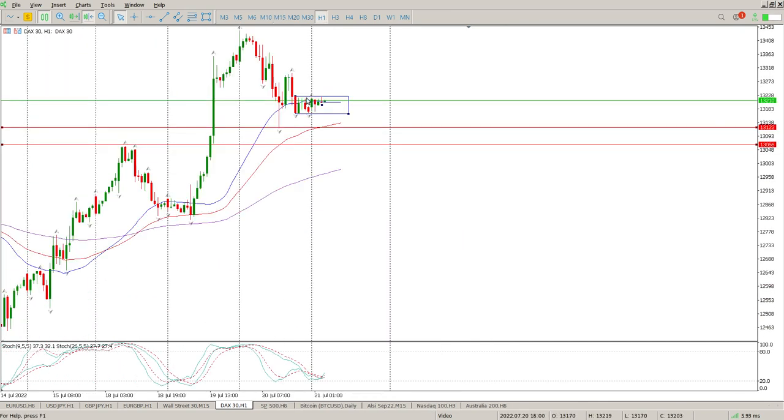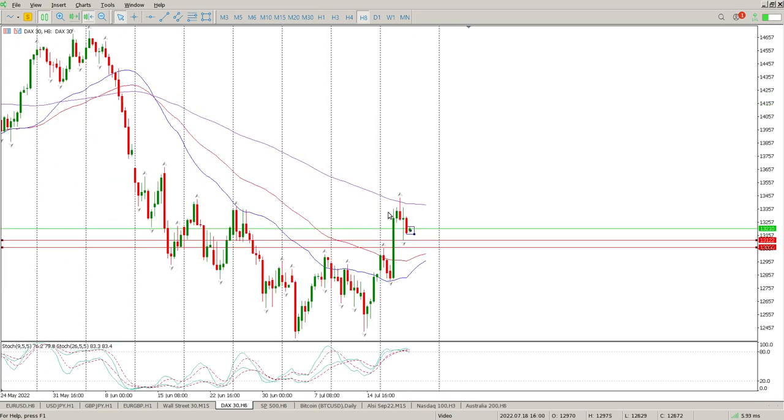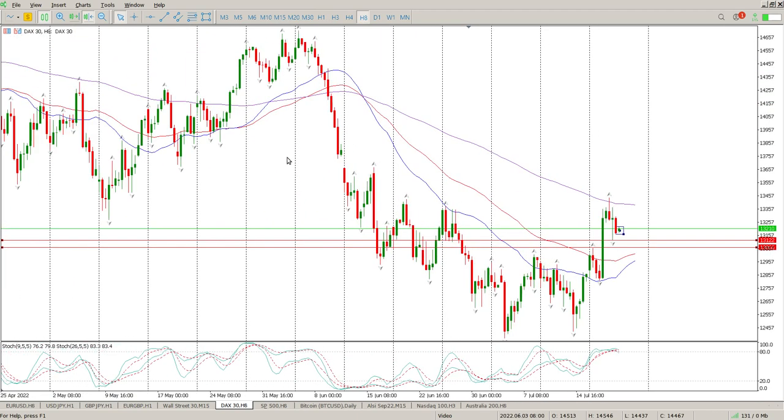Looking at the hour, definitely any sort of break to the upside is going to get us going. I just want to see what kind of targets we've got to the upside. That one's given way.